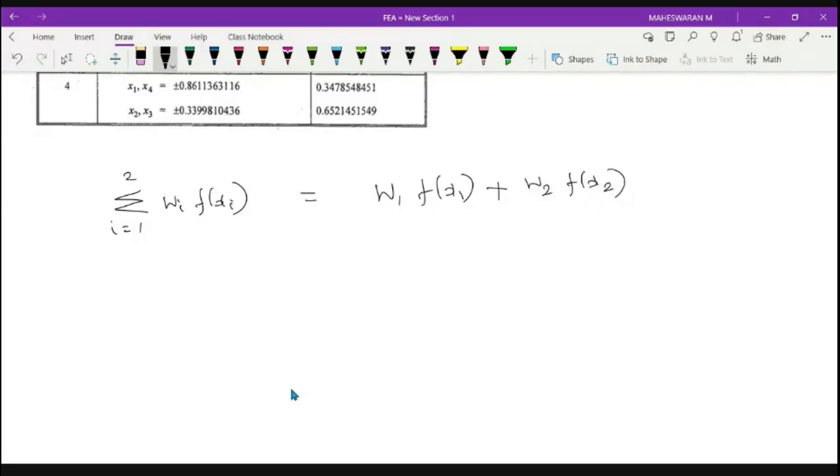These are my terms, which we already identified. We know this is 1 and this is also 1, so no need to worry. The only thing is I have to identify f of x1 and f of x2.